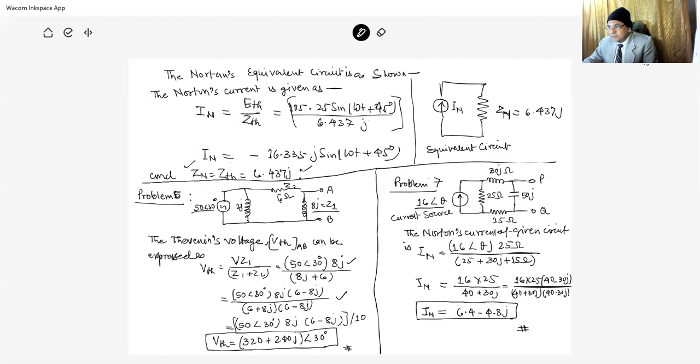So this is 40 plus 30 j. If we consider the magnitude part, we take the complex conjugate of 40 plus 30 j, which is 40 minus 30 j, and multiply over there by 40 minus 30 j. On solving this, we'll get the result.